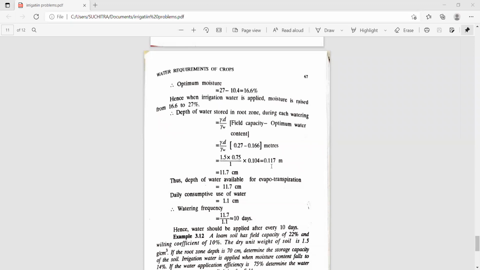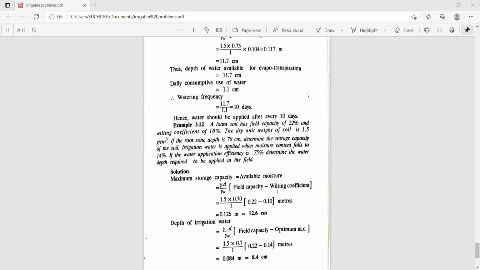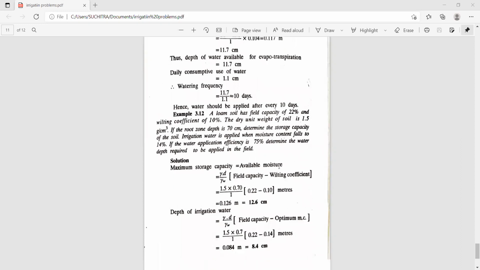So in these types of problems, we may have to find the frequency of irrigation. That means after how many days you need to give fresh doses of irrigation water to the crop in order to bring the moisture content to its field capacity. Now this is one more problem, typical of the previous one.